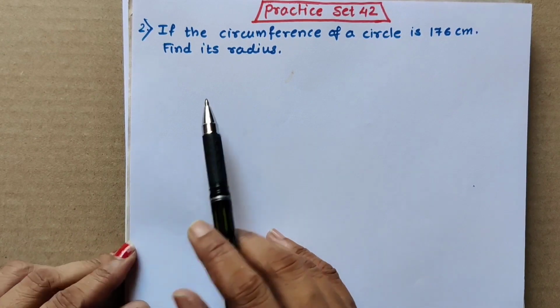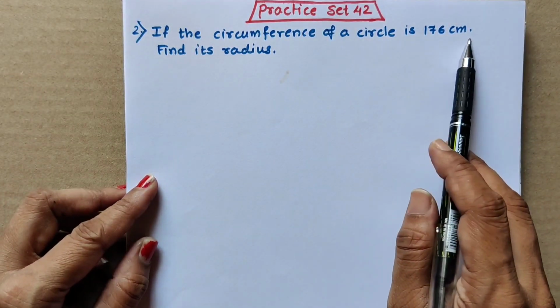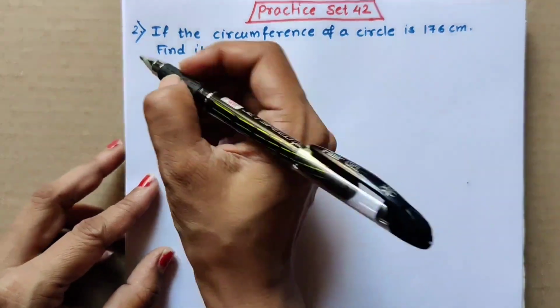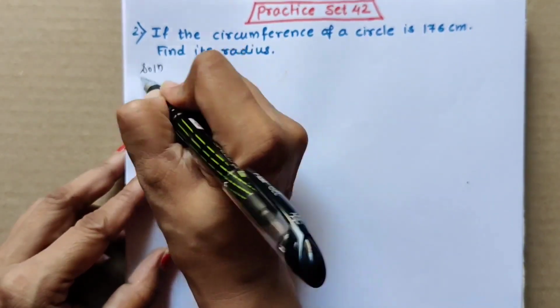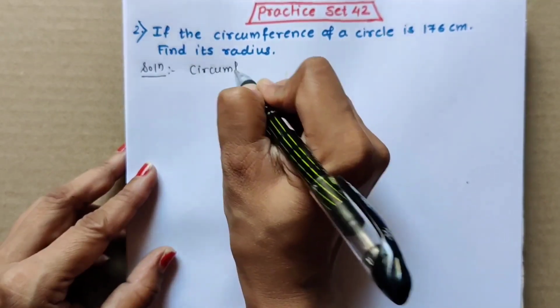Now see second question. It is a word problem. If circumference of a circle is 176 centimeter, we have to find the radius. So what is given to us? Circumference of a circle is given to us.